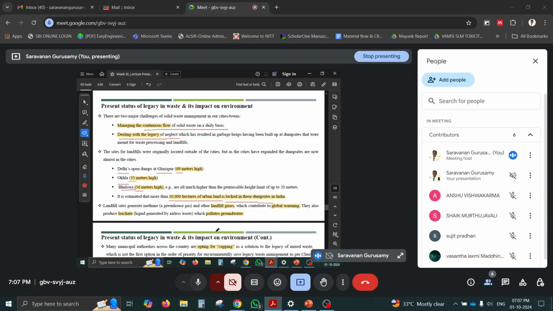If you check dump sites in your area and calculate the cost of the land, it will be huge. So we are losing lots of useful land. We are also creating environmental impacts. Not only the land, there are other problems like landfill gas, which causes global warming, and leachate, which will pollute the groundwater.